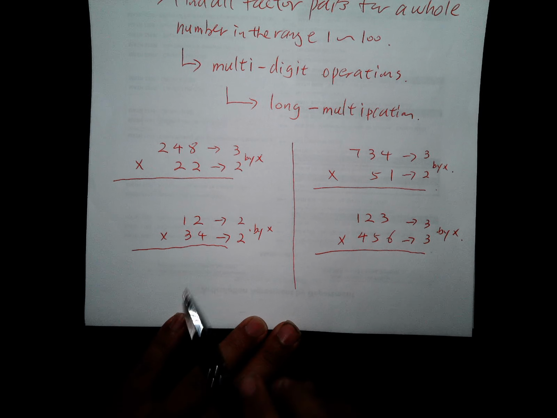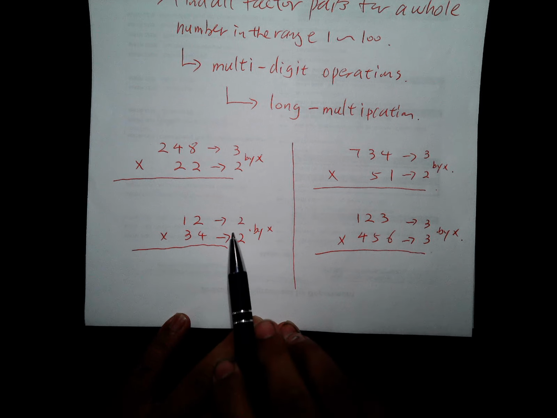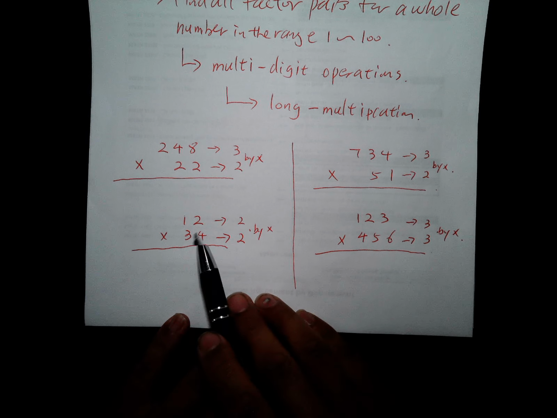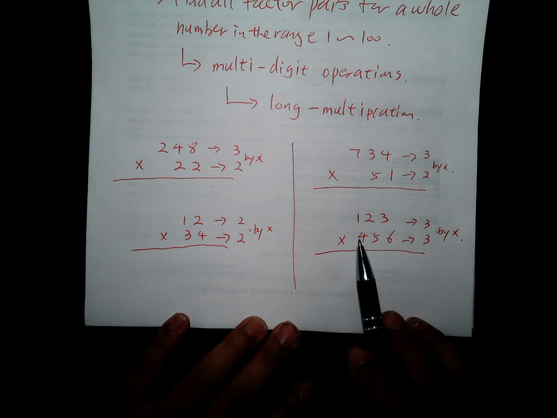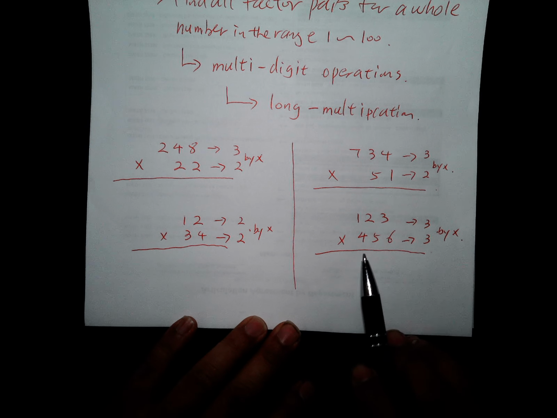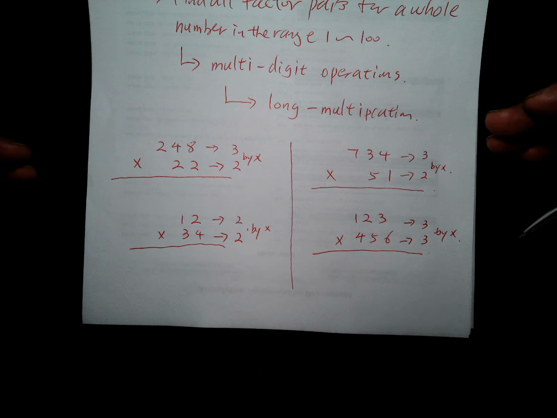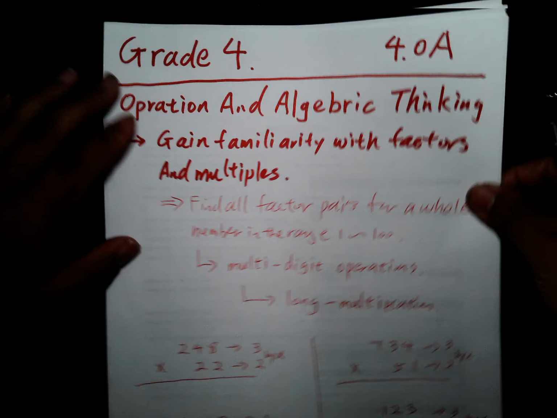The other questions I call 2 by 2 and 3 by 3. So 12 times 34, and 123 times 456. I will use two scales, or two rules, to do the questions.